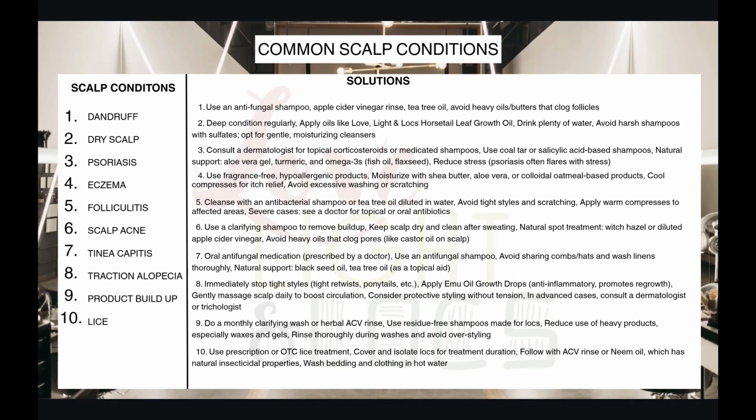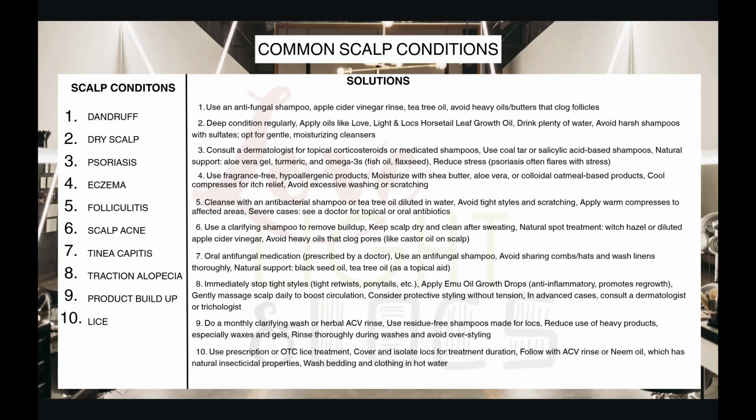Number 3, psoriasis. Our solution is to consult a dermatologist for topical corticosteroids or medicated shampoos. Use coal tar or salicylic acid-based shampoos. And for natural support, incorporate using aloe vera gel to really calm your outbreaks. Turmeric is very anti-inflammatory.